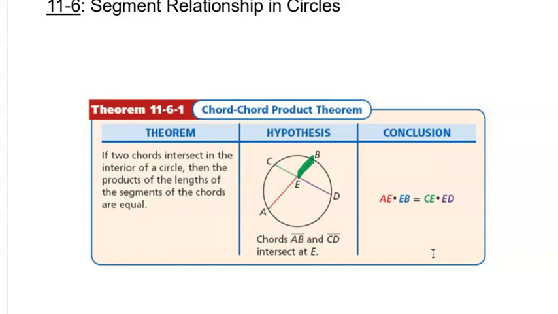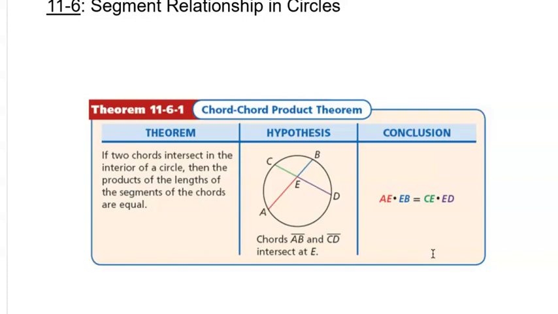Or I guess I can say it in the order that it shows on the actual conclusion here, which says this red portion, AE times BE, is going to equal CE times DE. So the red times the blue equals the green times the purple.